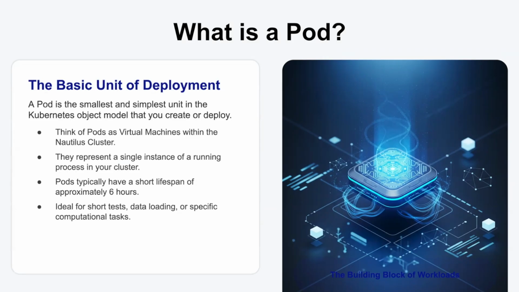What I mean by that is it's your specific computer, what you're actually going to run. It's the basic unit of deployment. So when you run anything else like jobs and deployments, they ultimately create a pod, and that's where your program is actually going to run.